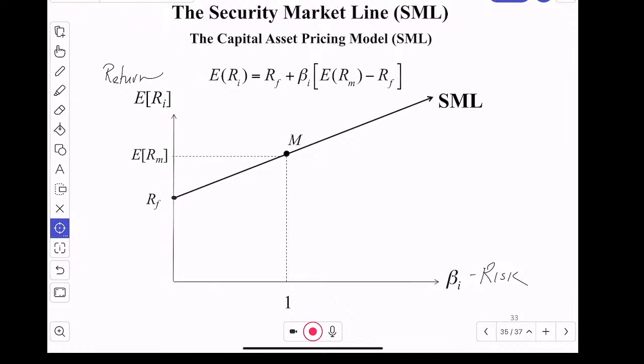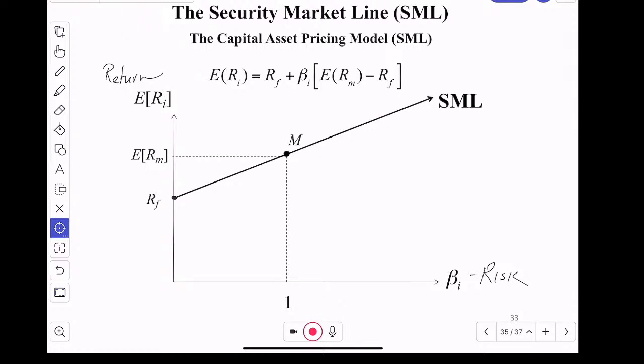Now all assets are on the security market line. All projects are on the security market line. All assets, all projects, all valuations in efficient markets must fall on this line.